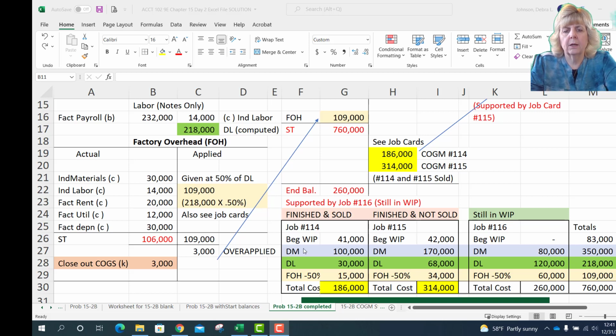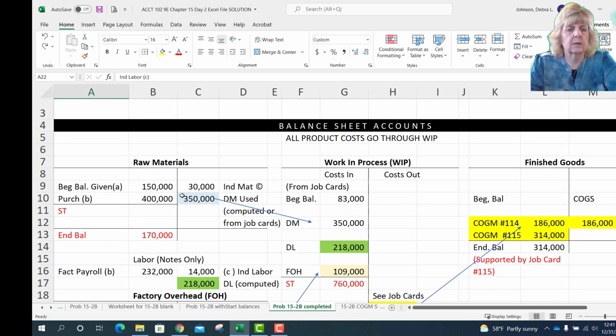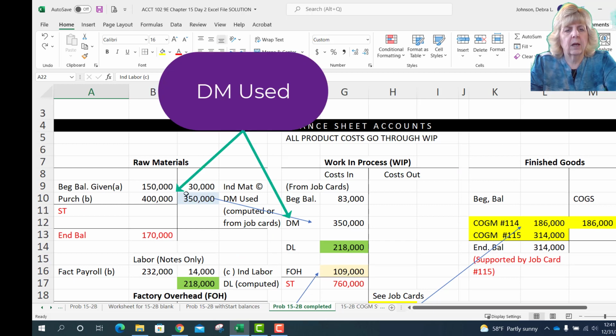So the blue line, direct materials here, showed that the materials charged out to the factory floor, to the WIP account, was 350,000. You'll see that movement as I scroll to the top as coming out of raw materials and going into WIP.